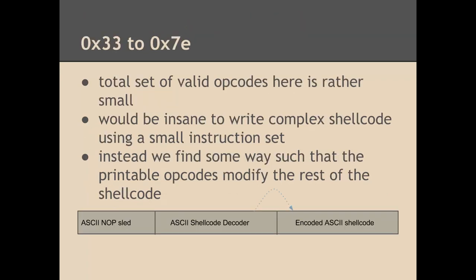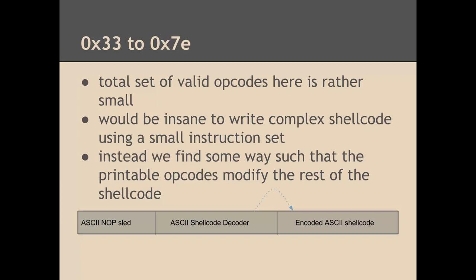So it would be pretty insane to do it a different way and perhaps, for instance, write very complex shellcode using that tiny instruction set. And I have some slides here demonstrating just how complicated that would be just for NOPs and for zeroing things out.